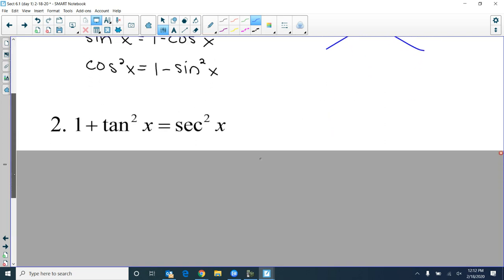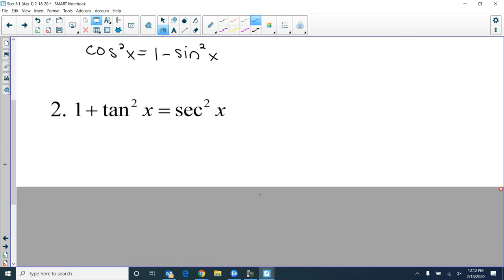All right, and then we'll do the same thing with the second and the third one. The second one is 1 plus tangent squared equals secant squared. There's two other ways we can rearrange it. I can say tangent squared of x equals secant squared of x minus 1.